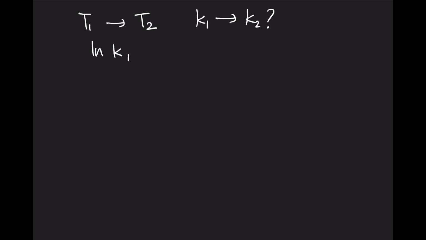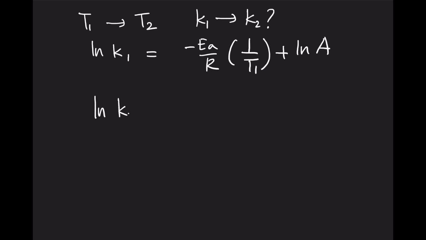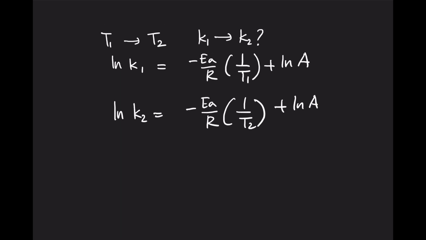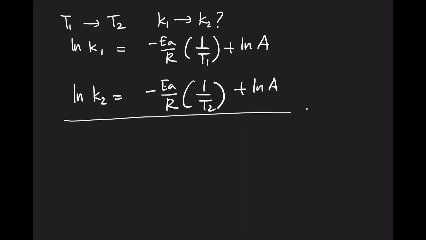So again, we have ln k1 equal to minus Ea over R times 1 over T1 plus ln A, and the other one would be ln k2 equal to minus Ea over R times 1 over T2 plus ln A. We can simply subtract these two equations to eliminate ln A. The ln A will be exactly the same because we are talking about the same reaction, using the same routes.